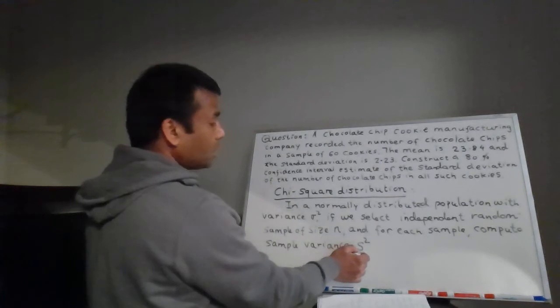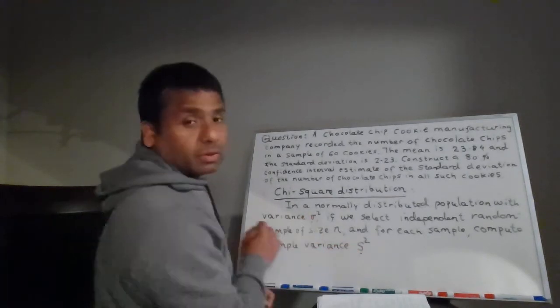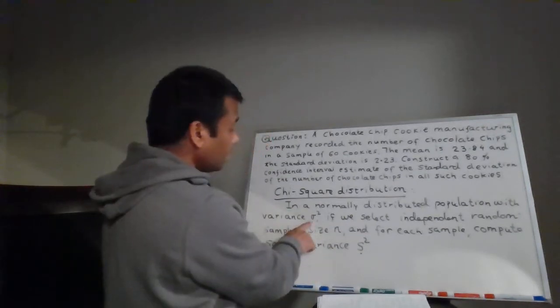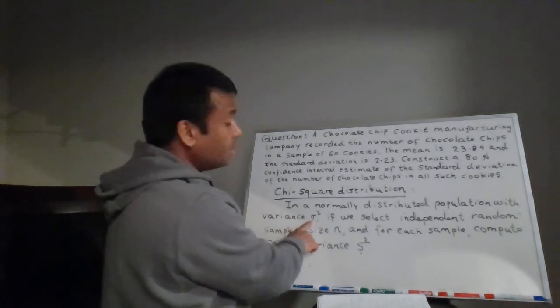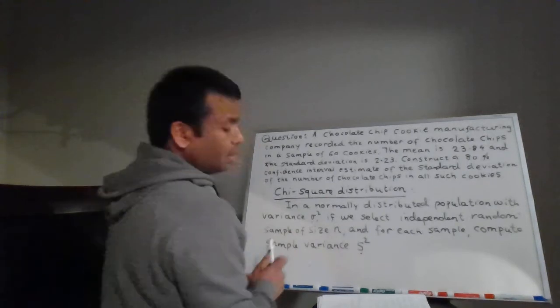This is the notation for sample variance, and sigma square is the notation for population variance.